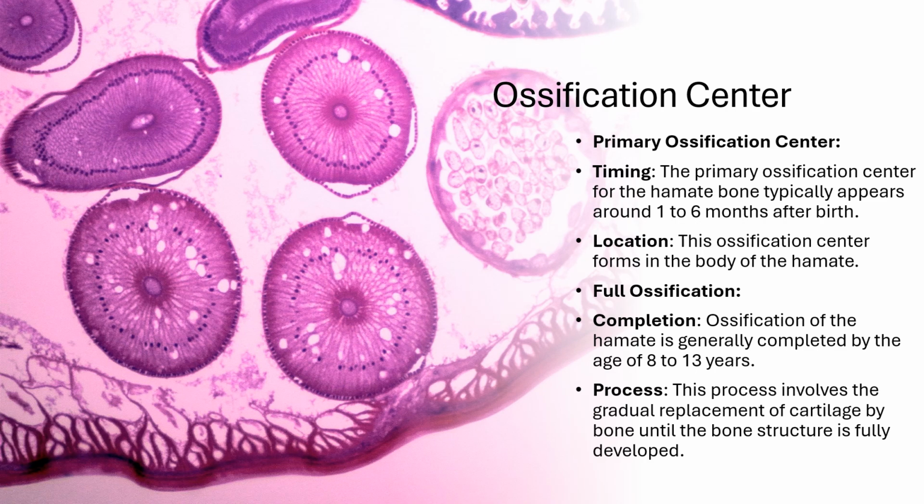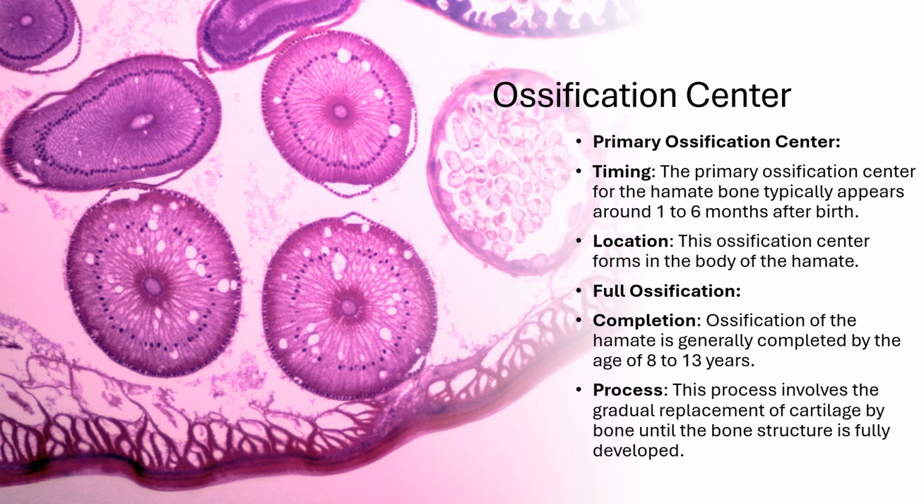When we talk about the ossification centers of the hamate, we will find that it has only one primary ossification center, which typically appears around 1 to 6 months after birth, in the center of the hamate bone.